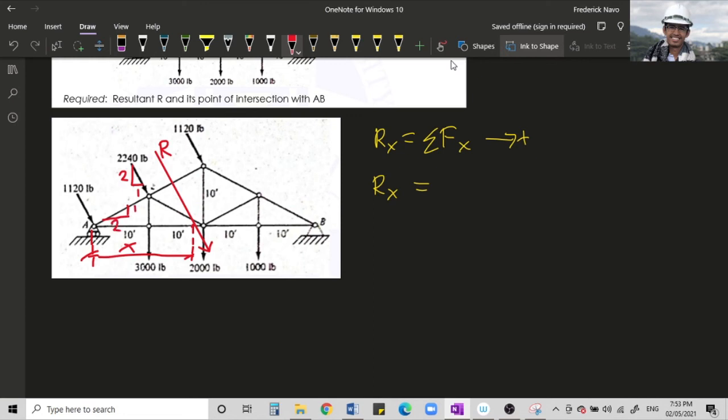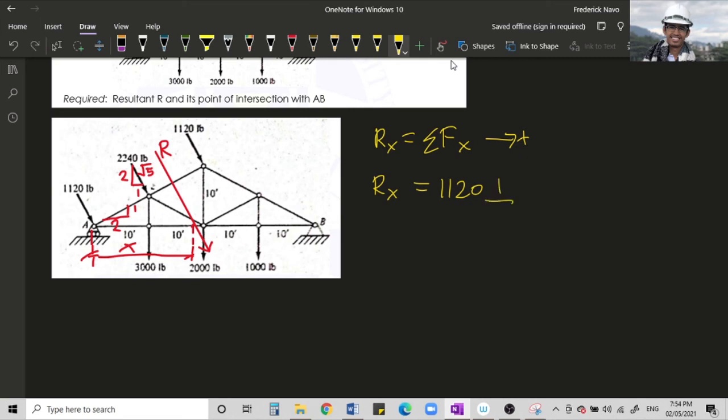So, yung hypotenuse niya is square root of 5. Tama? So, for Rx is yung x component lang ng ating mga inclined forces. So, that is equal to 1,120 pounds times, so yung x component, yung gagamitin natin is yung 1.